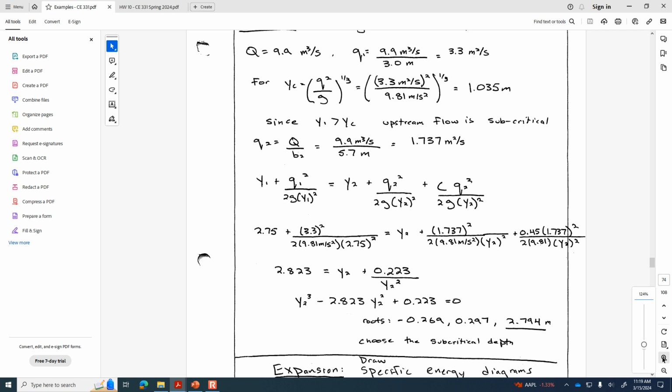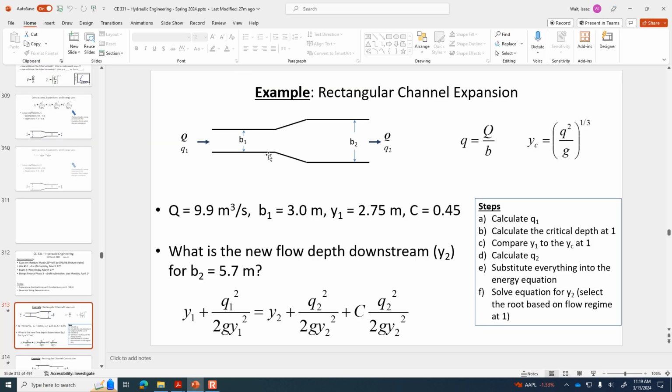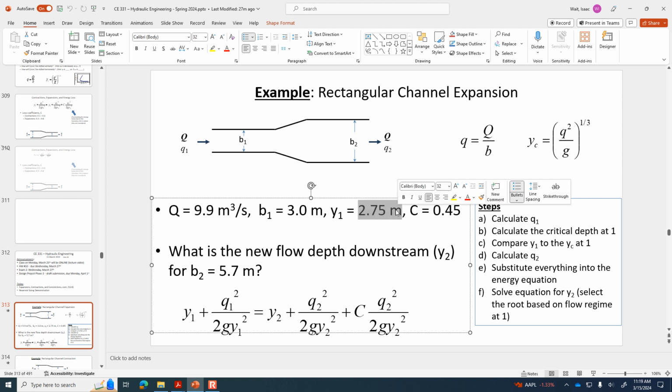Okay, well, let's look at this. So we know that this channel, it was narrow, now it's expanding. The original depth was 2.75 meters. We want to know what's the new depth going to be after the expansion.